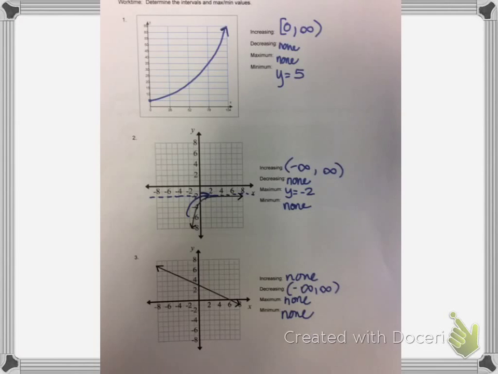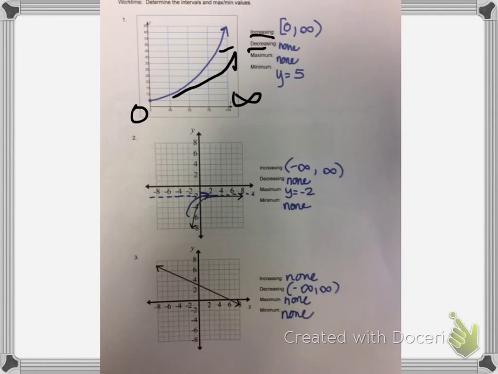Another example, interval. So we have an increasing interval here. From our x value, we start from 0, and the line's going to keep going here. So our graph is increasing from 0 to infinity. That is our interval of our graph. It's an increasing interval.